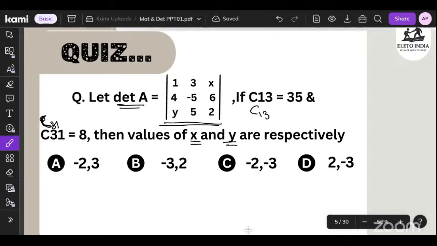Students, are you solving this question? Yes, sir. Okay, just take a minute, not more than that. We will go into the next question.